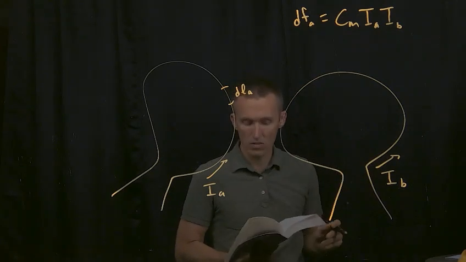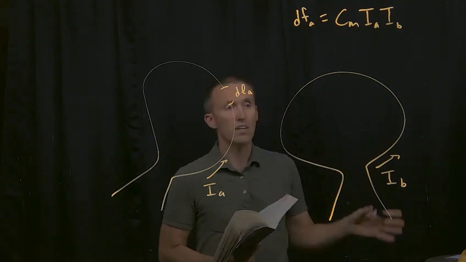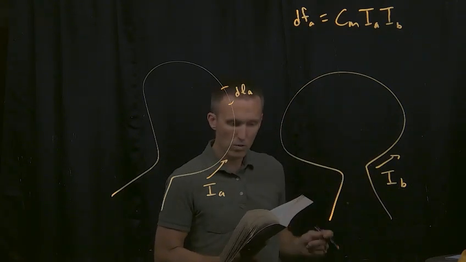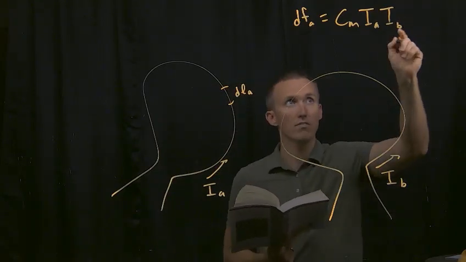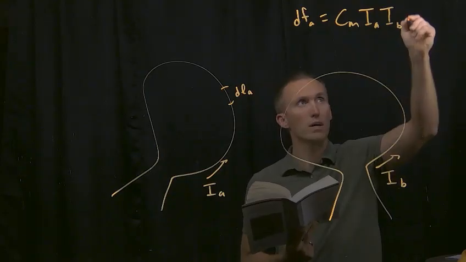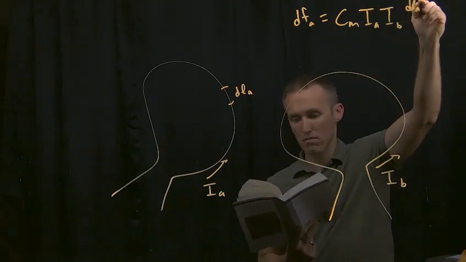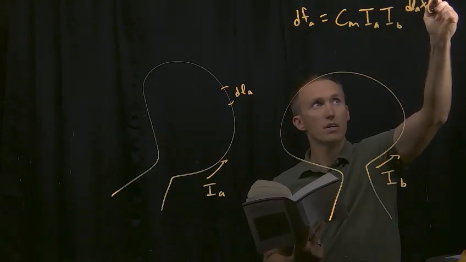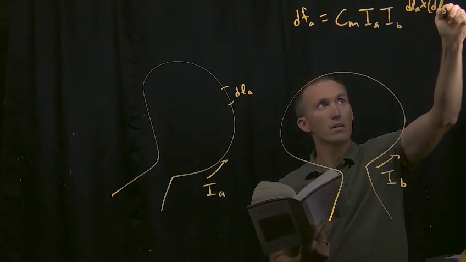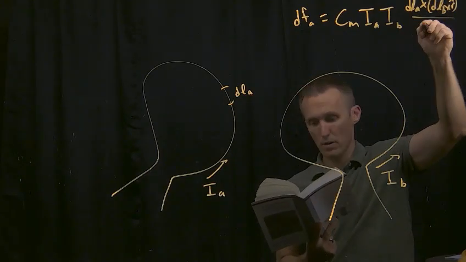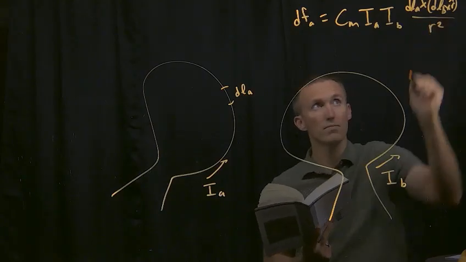We had the two masses of the two particles for the gravity law. Here we have our two currents. And then we have something a little bit different. So I'm going to have this quantity, and then I'm going to multiply it by dLA cross dLB cross R divided by R squared.